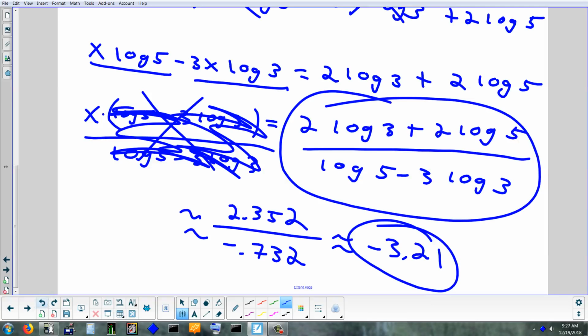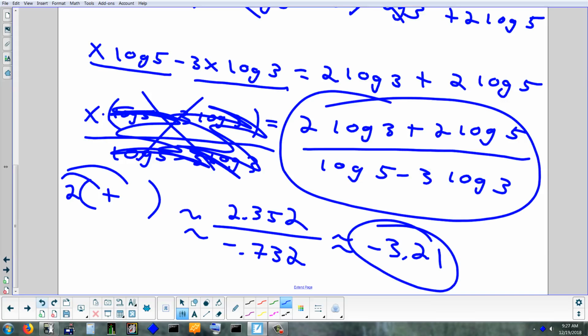Instead of having it, could you just have 2 open parentheses log 3 plus log 5 close parentheses? Yeah. So he's thinking of it as kind of like a distributive property like this. You could, yep. Again, if you're just trying to get a decimal answer for x, doing that extra work is just more chances to make mistakes, but you can do it.